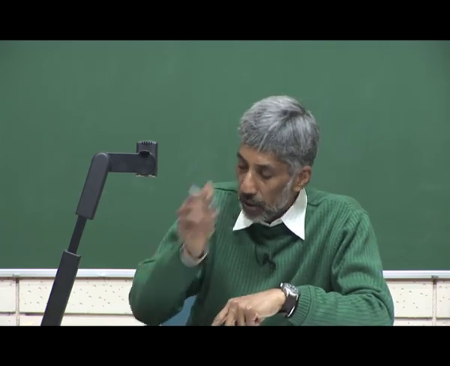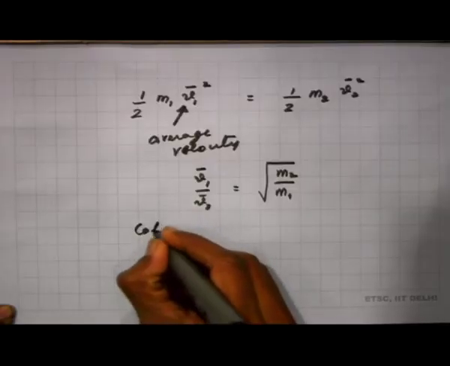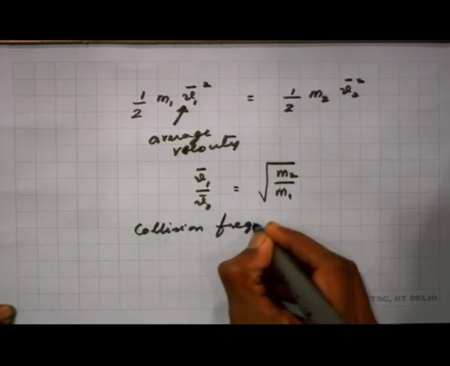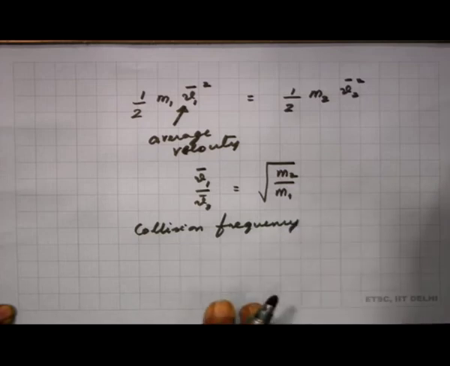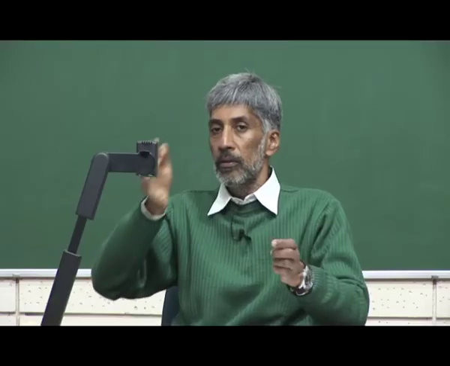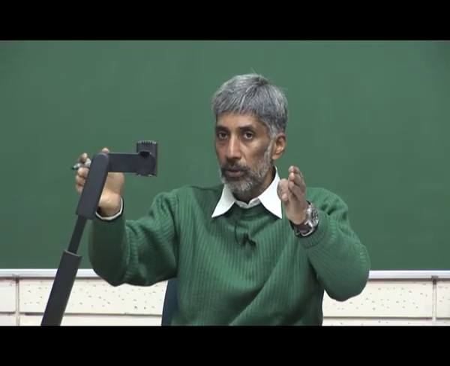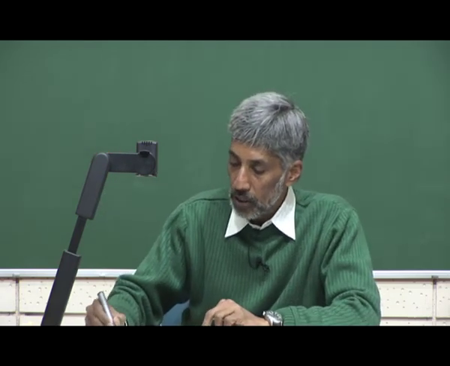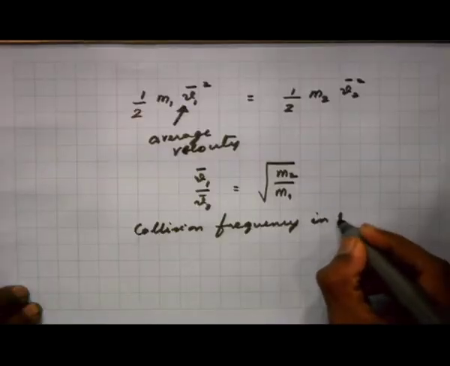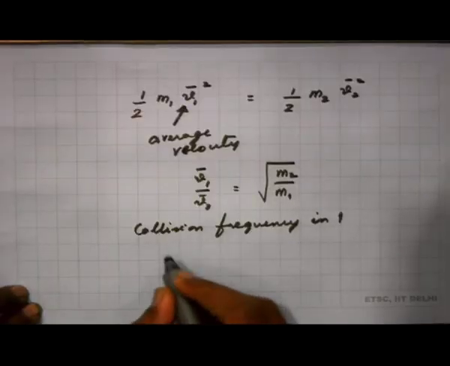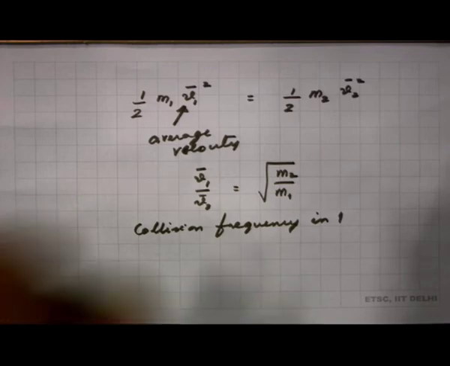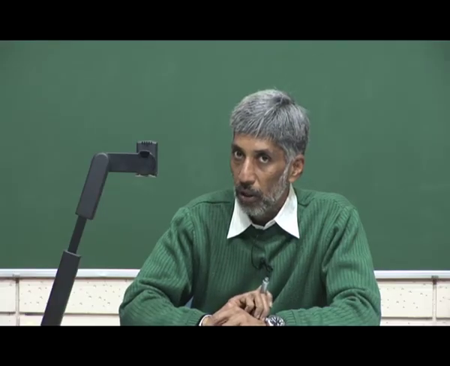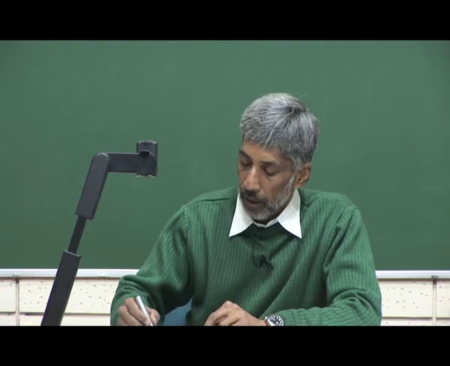But there is a way of doing this. You look at the collision frequency. If you take the gas molecules in a container, the collision frequency is related to the average velocity of the molecules in that sample.